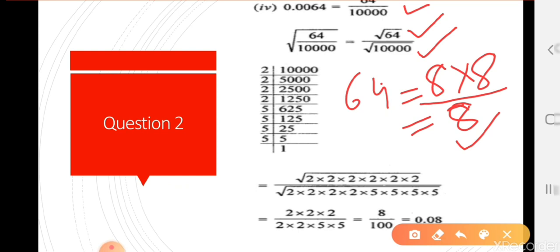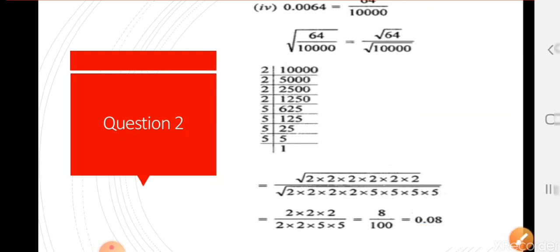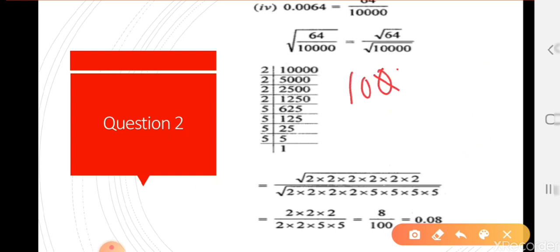Now 10,000, when we do prime factorization, here you can see one pair of 2, another pair of 2, then another pair of 5 and then 5. So 2 into 2 into 5 into 5. It means 100. Here also you can directly take out: 100 into 100, that is equal to 10.